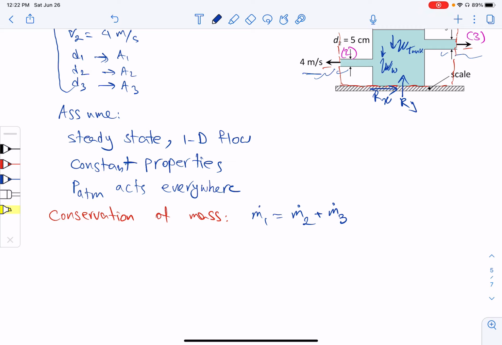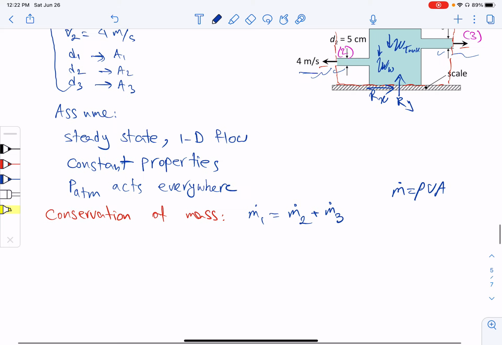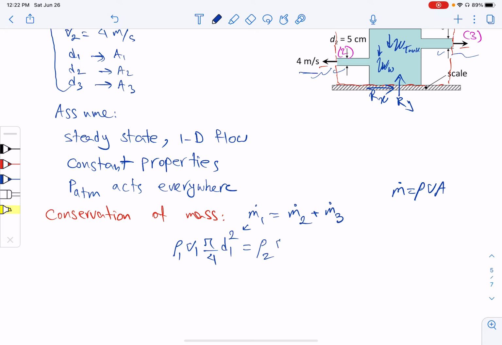Now we know that m dot is equal to rho V A, right? So let's write it down for all of the sections. Instead of m dot 1, I'm going to write rho 1 V1, and A1 is pi over 4 D1 squared. And then we have m dot 2, which is rho 2 V2 pi over 4 D2 squared.